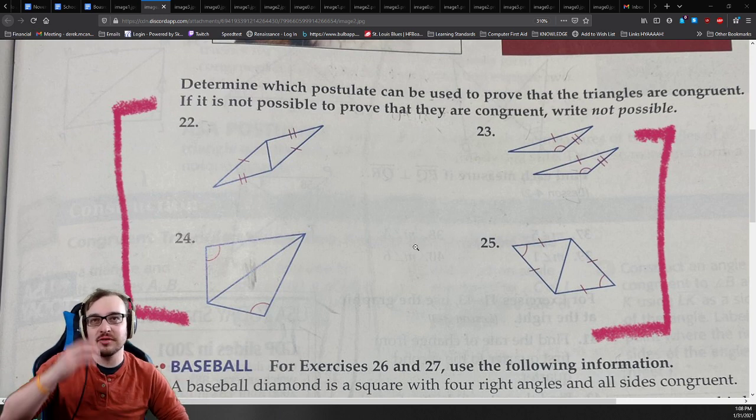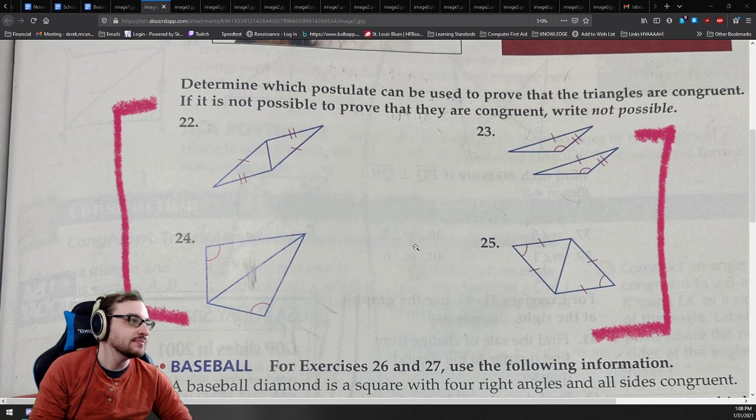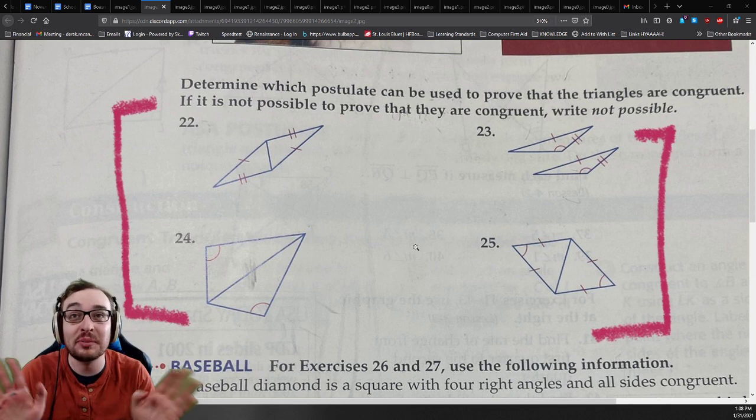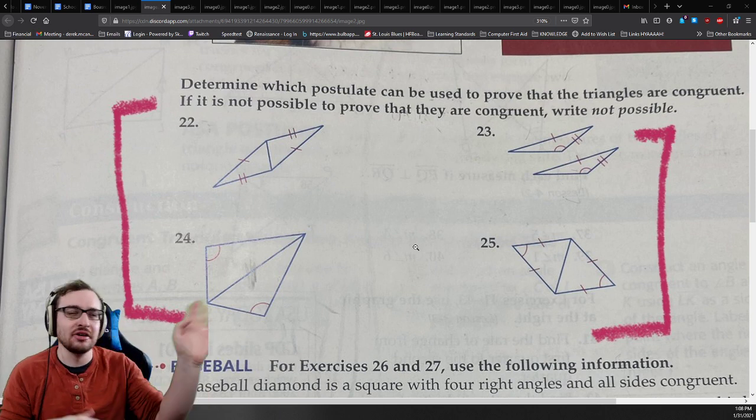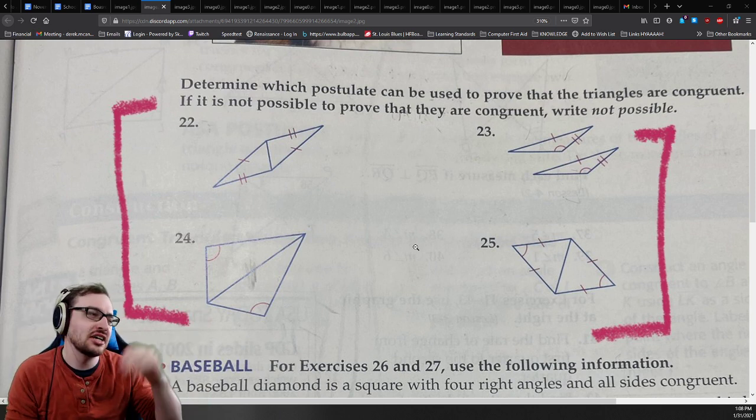They're not even asking you to write the proof. How are these two triangles congruent? 22. What would you use to say the two triangles are congruent? What postulate? Because of shared side, right? Again, if you were doing a proof, like in my class, you'd say there's a shared side here, and you'd show your reasoning. Here, it's baby mode, right? Side, side, side.